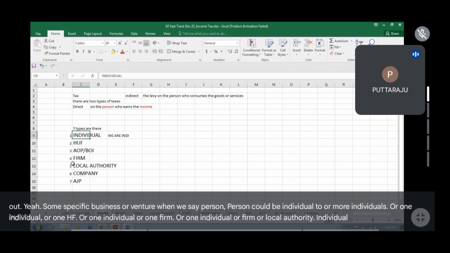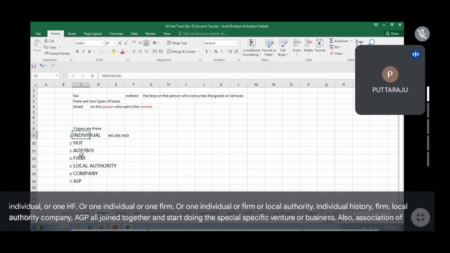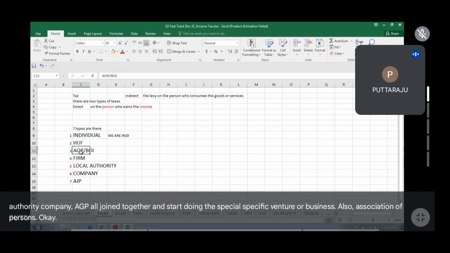Individual, HUF, firm, local authority, company, AJP all join together and start doing the specific venture or business. Association of persons.